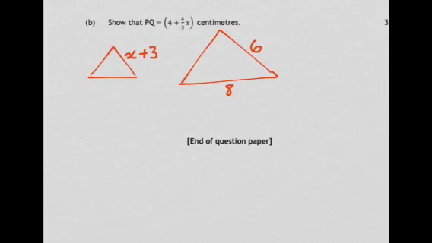And this side on the little triangle is what we're trying to find. So let's call that y. So if you set up your similar triangle ratios, x add 3 over 6 equals y over 8, and then go through your working.